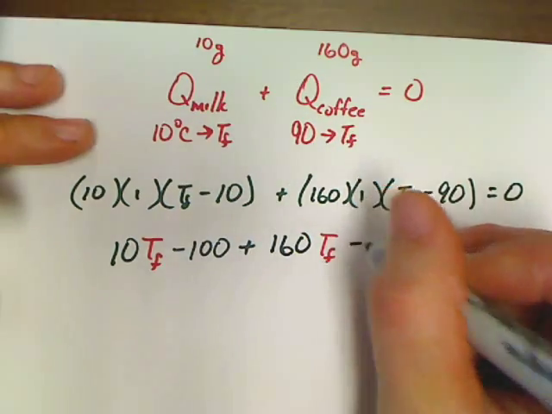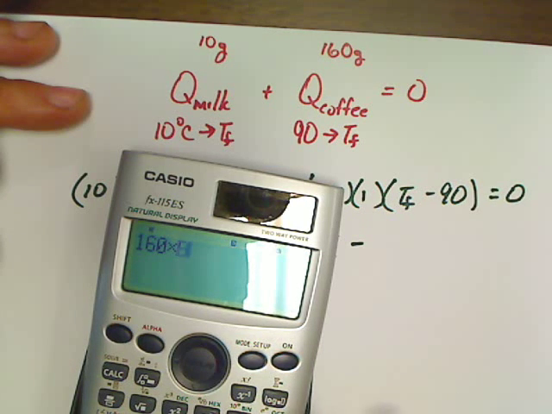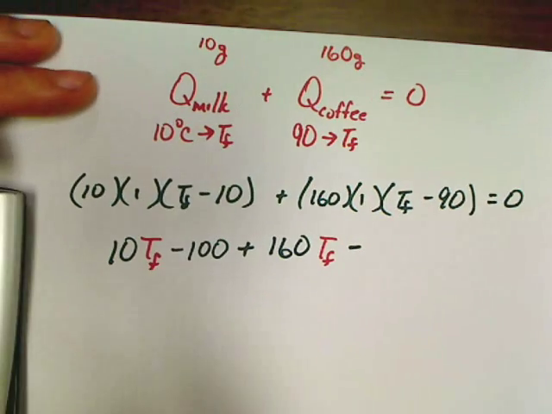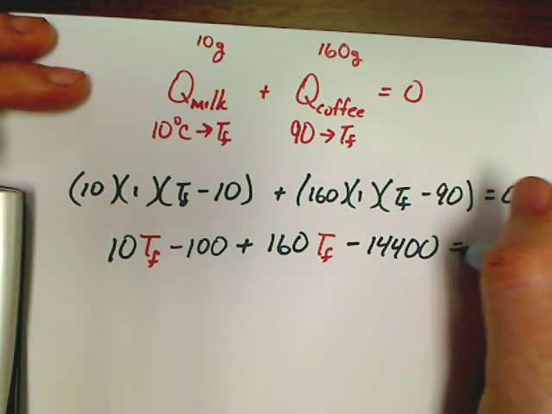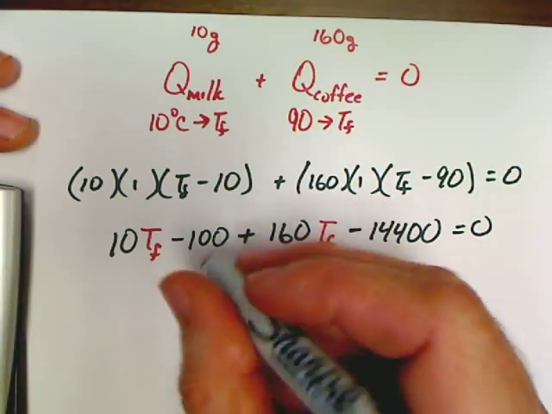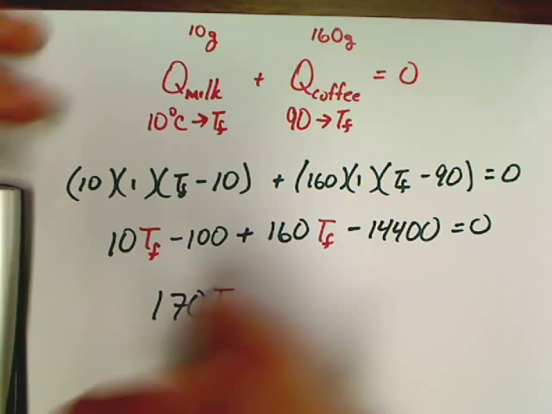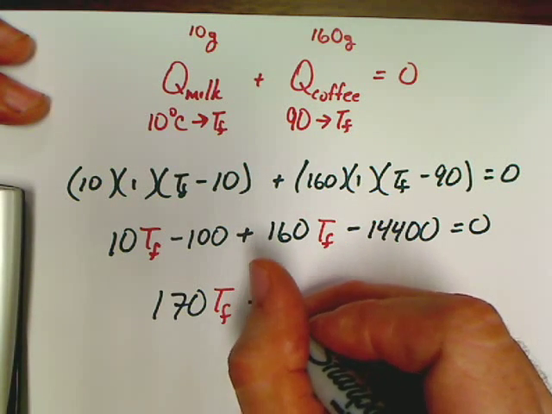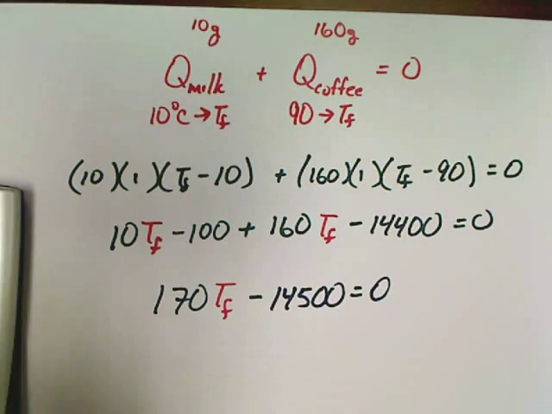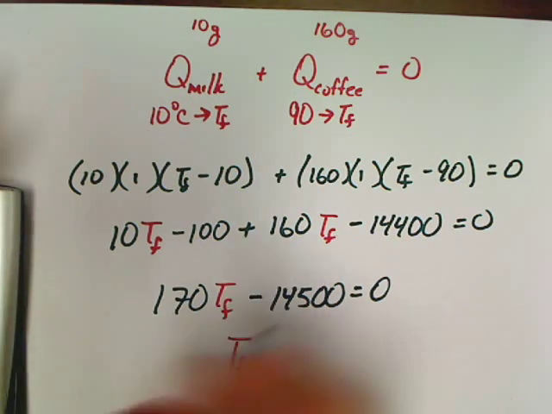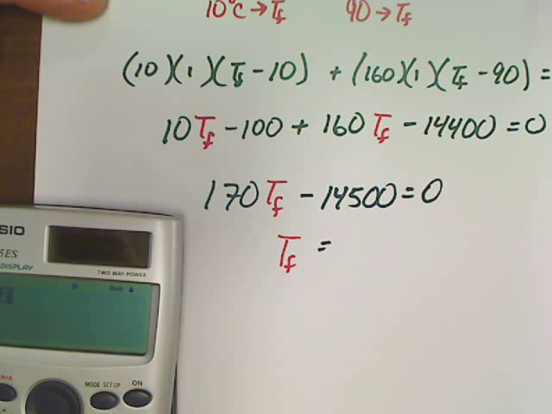And then minus 160 times 90, 14,400 equals 0. Combine like terms, so it'd be 170 TF minus 14,500 equals 0.